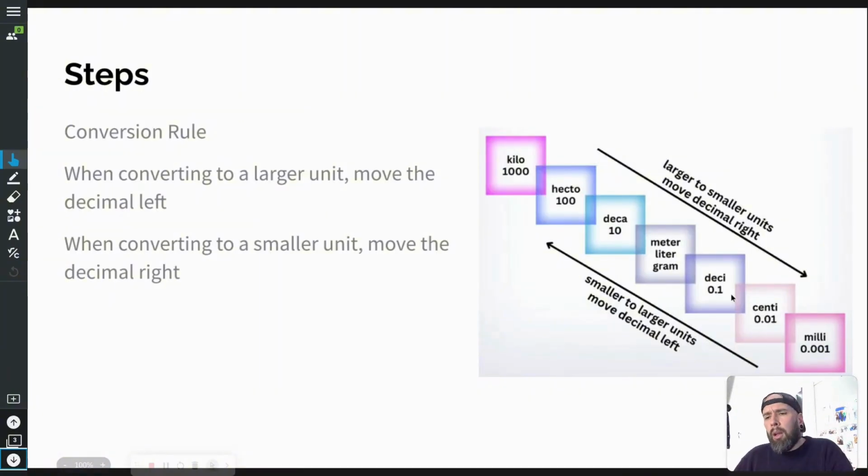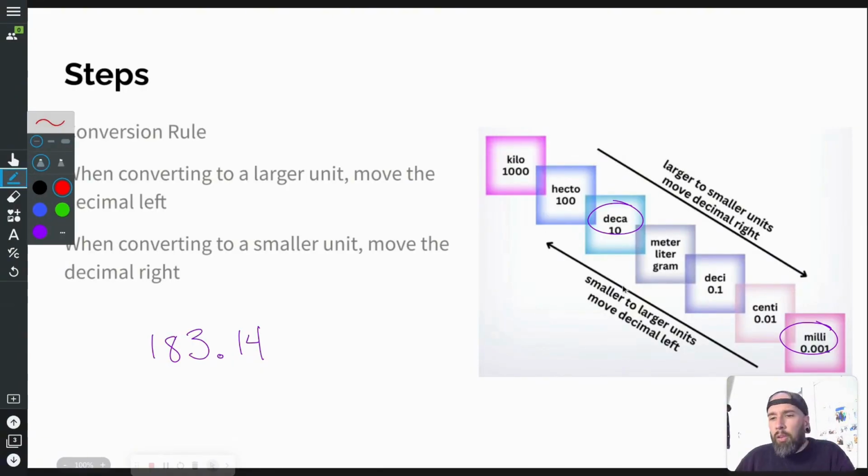So let's do that. Let's just say, maybe not millimeter to a kilometer. Let's say I want to do millimeter to a decameter. Let's do a bigger number. I have 183 and 14/100 millimeters, and I want to convert that to a decameter. What you do is you move to the left 1, 2, 3, 4 times.